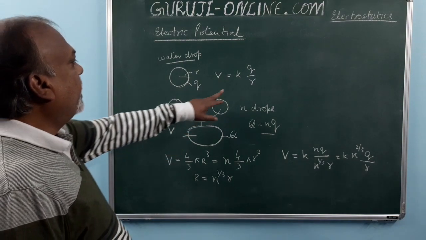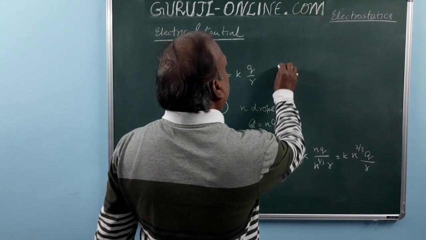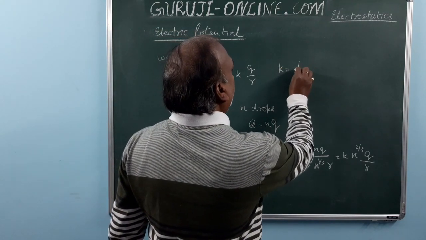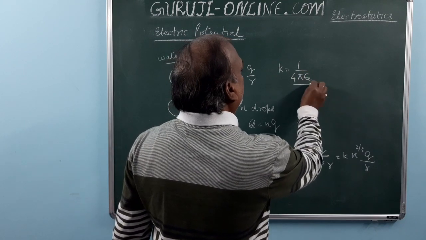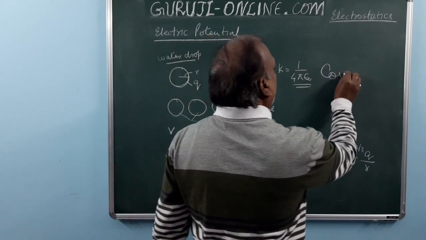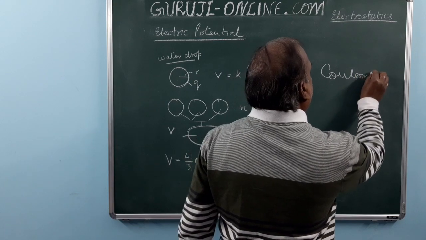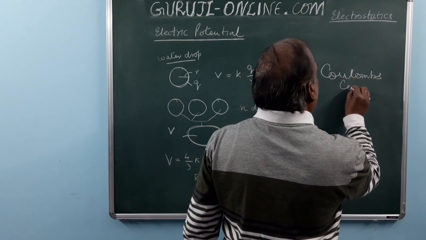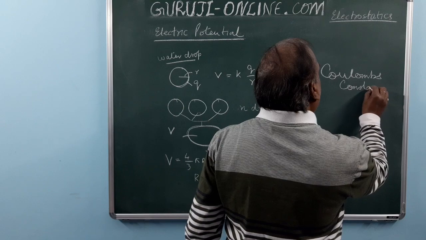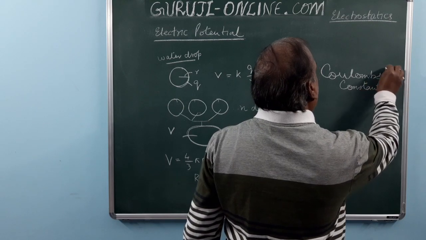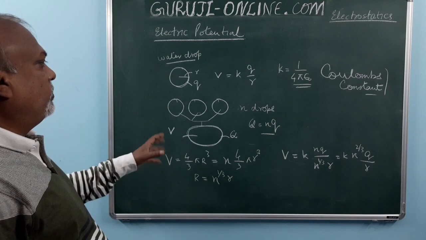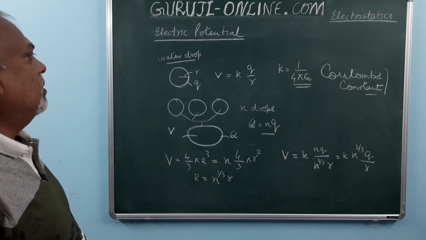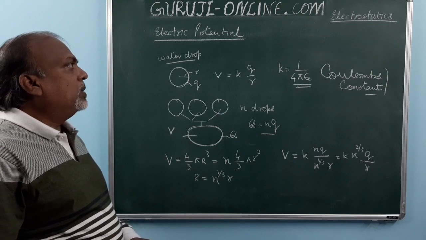Here K is nothing but 1 by 4 pi epsilon 0. So this is how we can solve this problem.